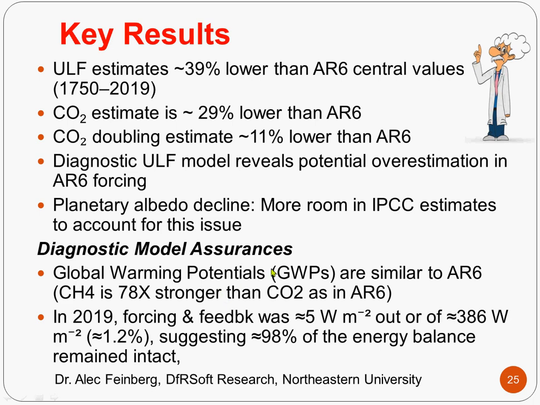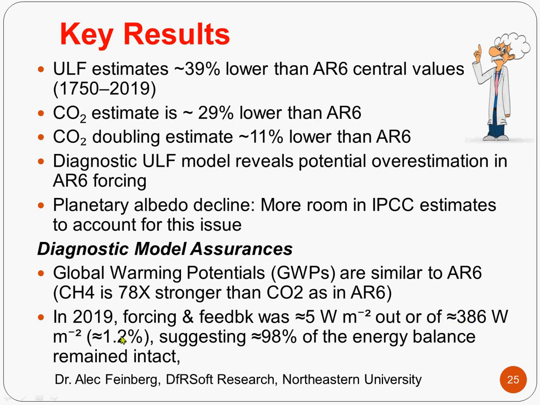Another question is, is it reasonable to use a linear model based on the natural system? Well, yes, it is, because in 2019, between forcing and feedback, we had a perturbation of about 5 watts per meter squared, out of the 386 watts per meter squared that the planet traps and also receives from the solar.